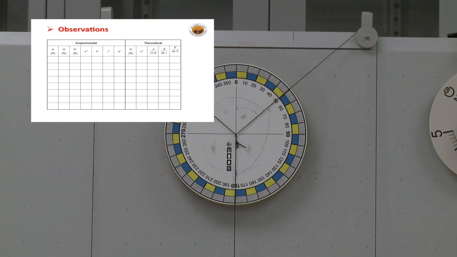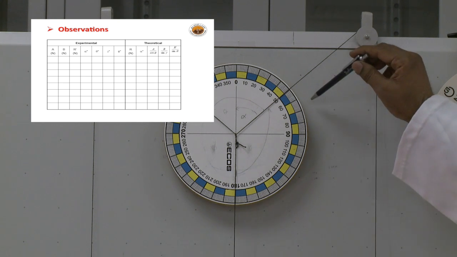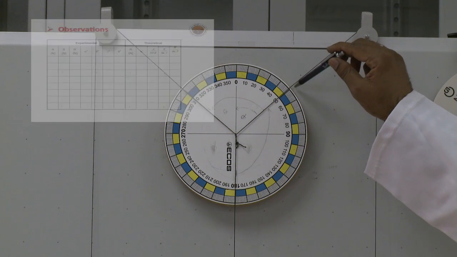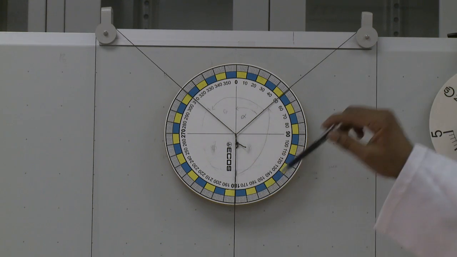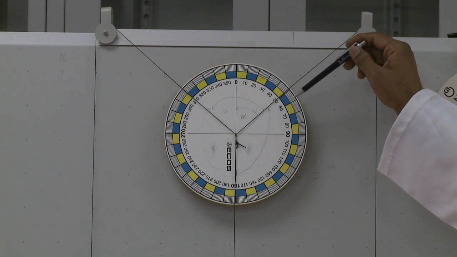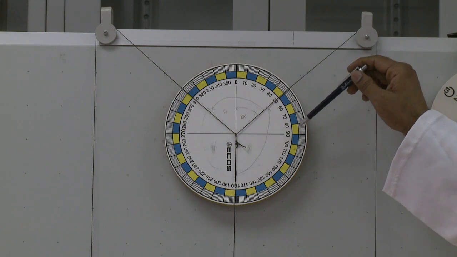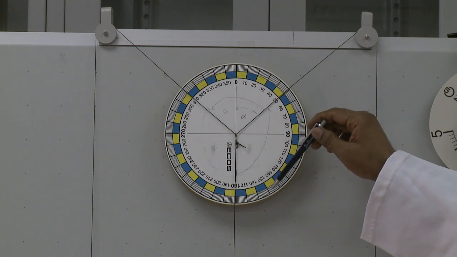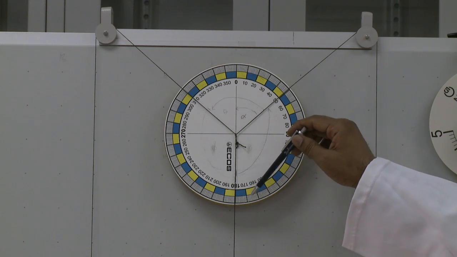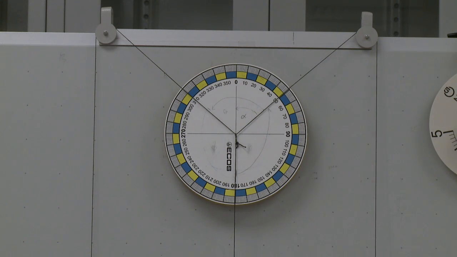Then you have the third angle, called gamma, starting from thread A to R dash. Here you are going to measure 10, 20, 30, 40, 50, 60, 70, 80, 90, 100, 110, 120, 130.